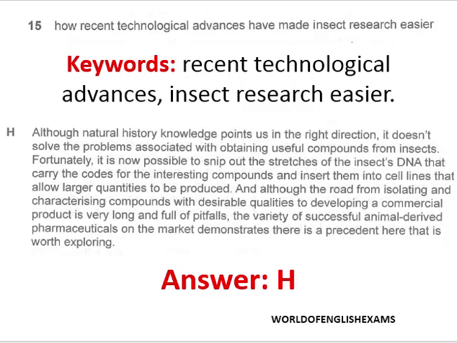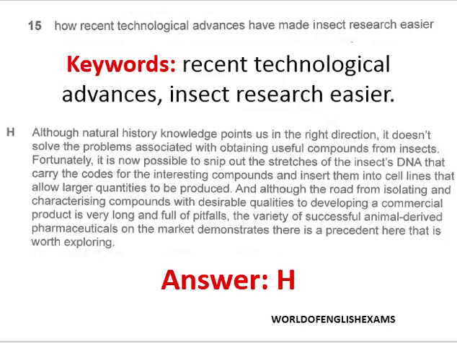Now let's move on to answering the 15th question. How recent technological advances, which is a very important keyword. Technological advances can be related to automation, or something related to the equipment, or maybe something related to sophistication.